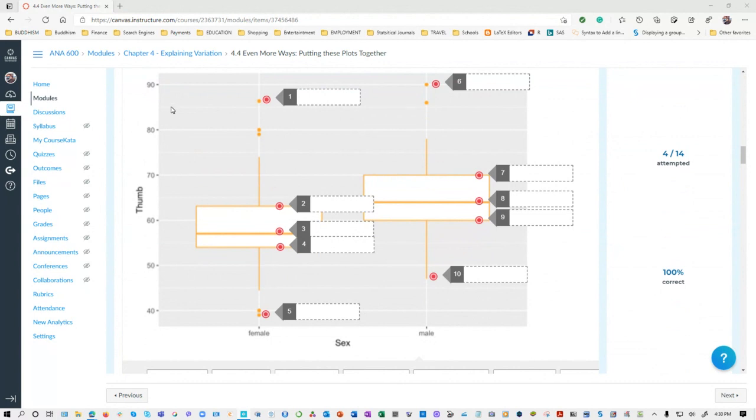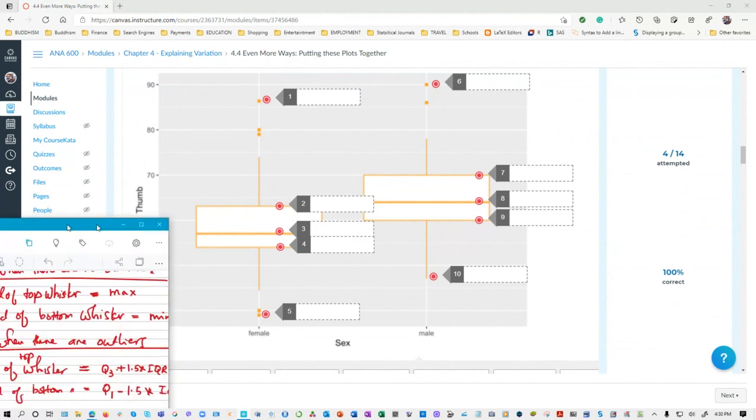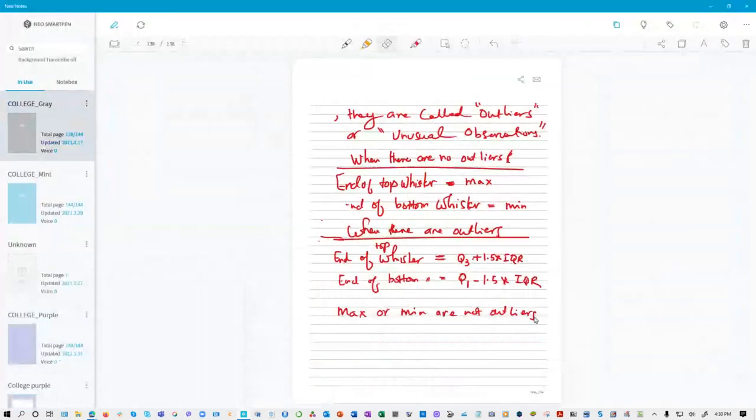Okay, I'm going to add something here. I'm going to add one more thing. I'm going to delete this one. I'm going to say the last top dot is the max, but not an outlier.